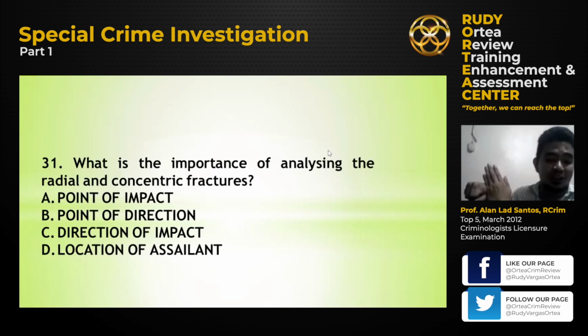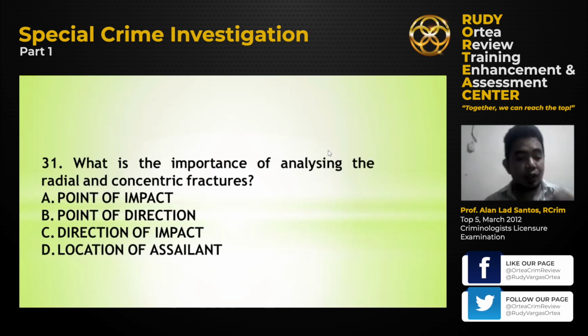Ibig sabihin, kung saan nakaharap yung salamin, doon nagkaroon ng pagsira. Yun ang side na sinira. So take note, that is the point of impact.